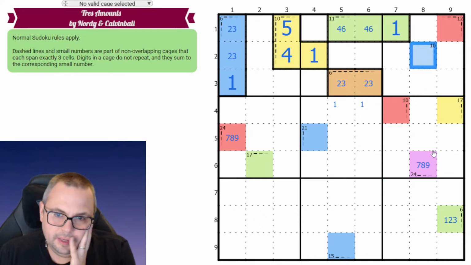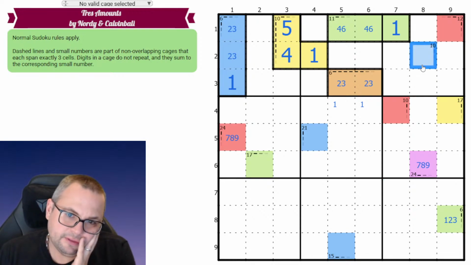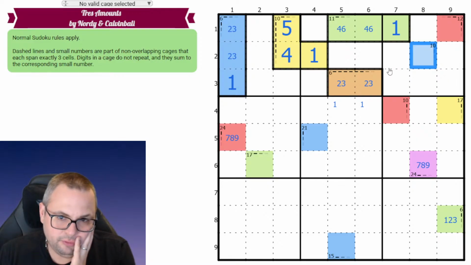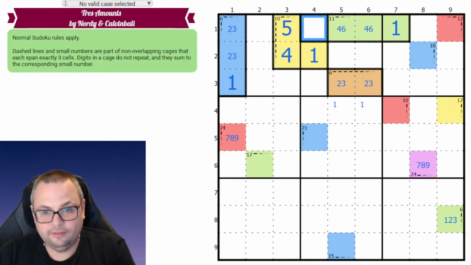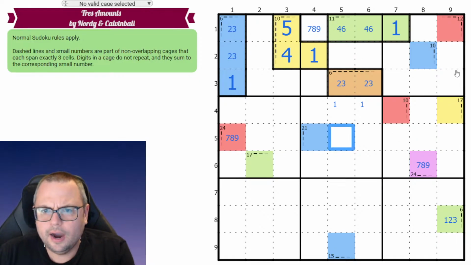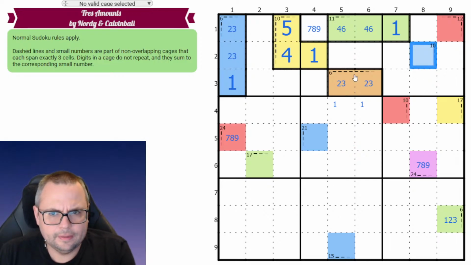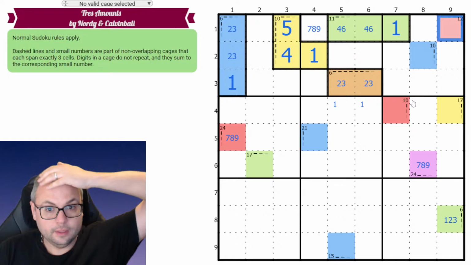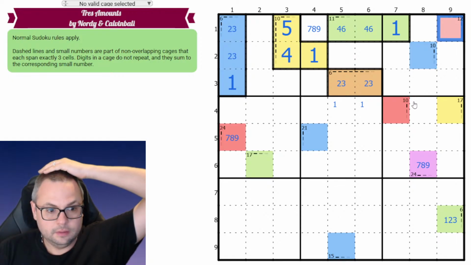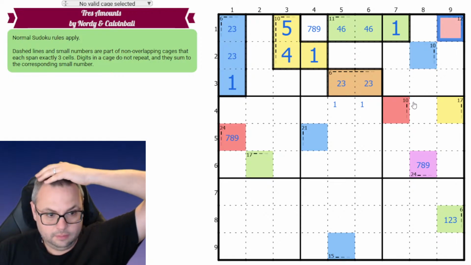Okay, so if this blue does not get out of this box, it's stuck being 2, 3, 5. Which is interesting. Okay, let's see. I know this digit's 7, 8, 9 for what it's worth. Oh, right.